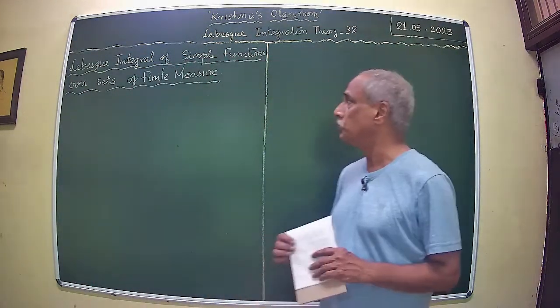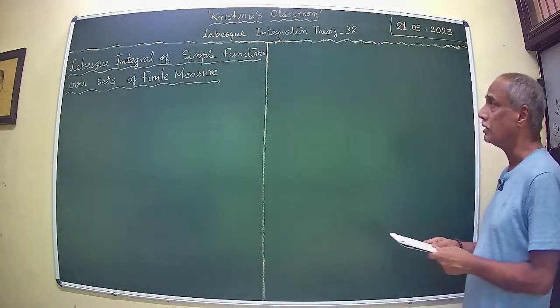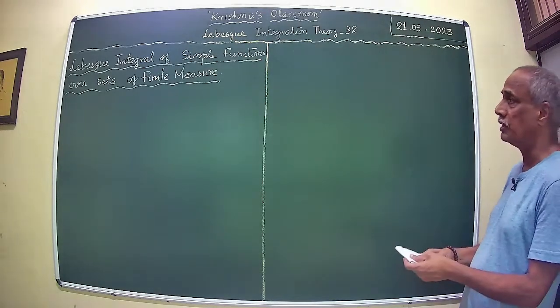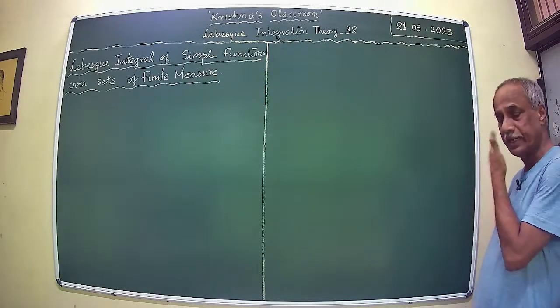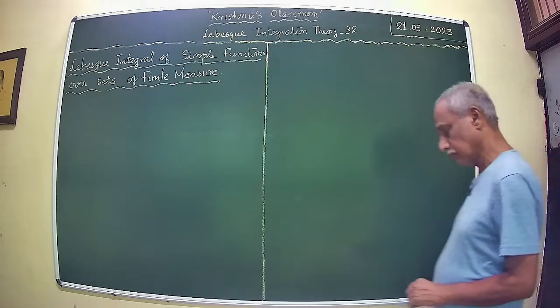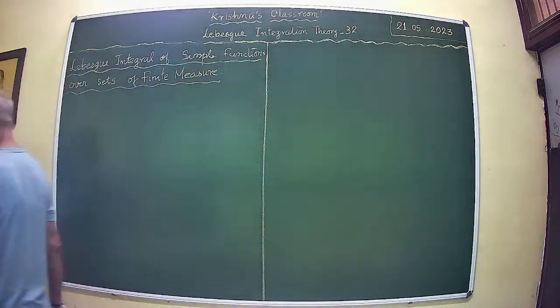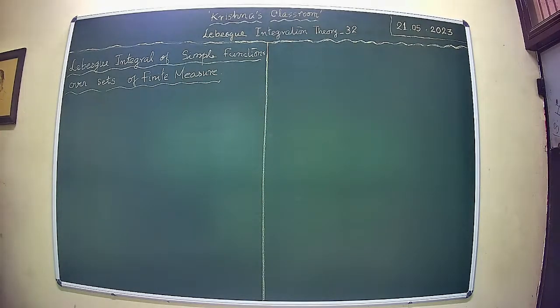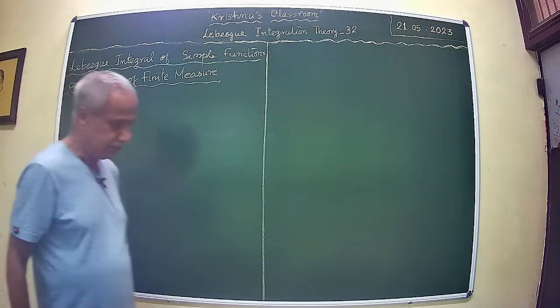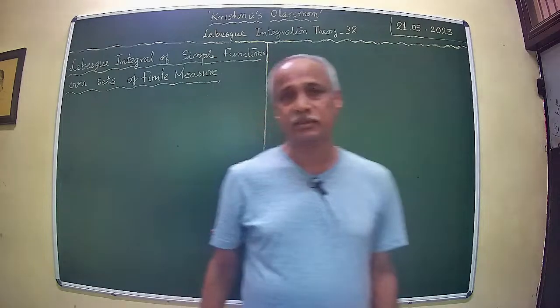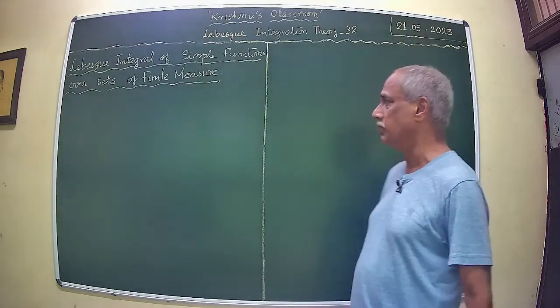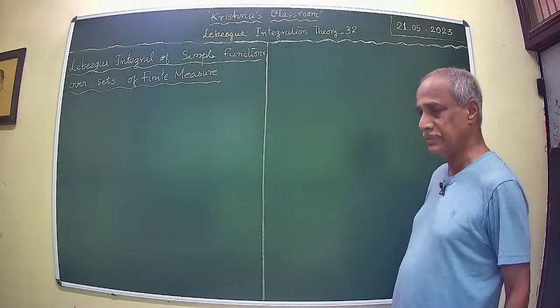We first do it for simple functions over sets of finite measure, and then we go on to consider a more general class of measurable functions. It will take 2-3 stages.